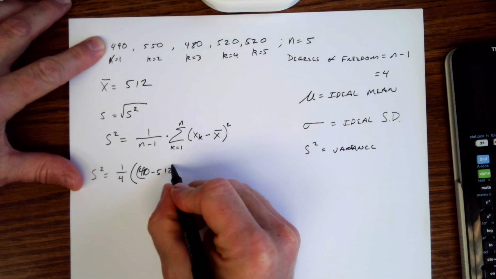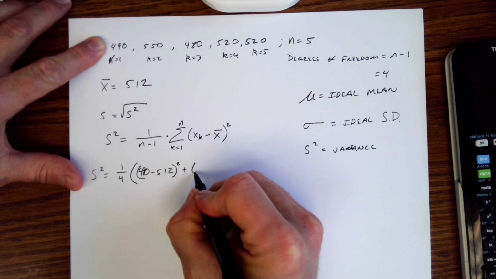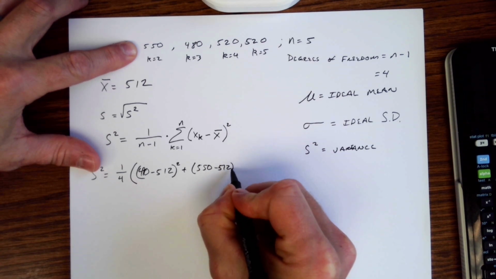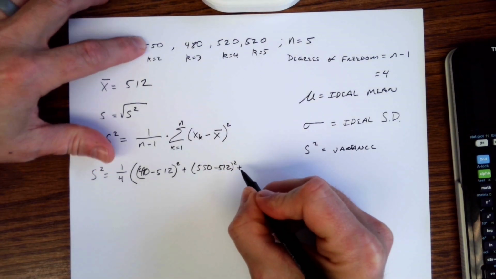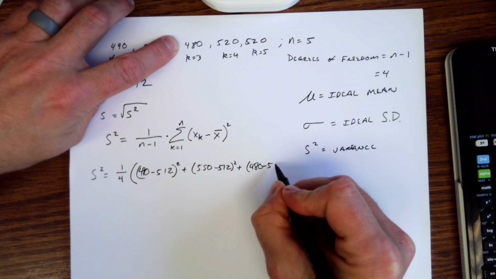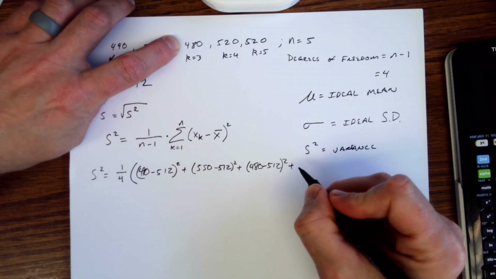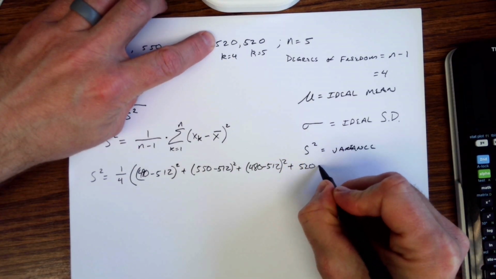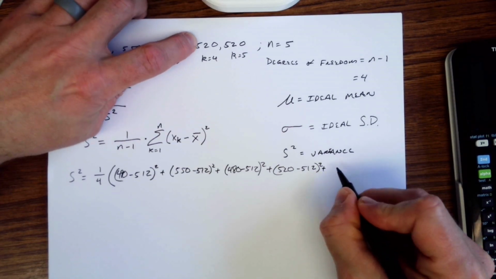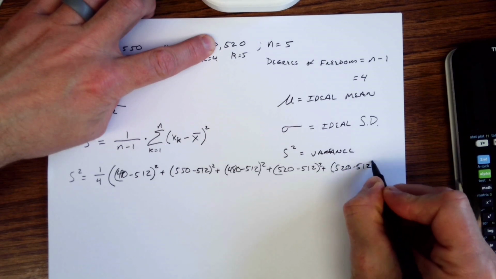And I'm going to square that, and then we're going to do plus 550 minus 512 plus 480 minus 512 plus 520 minus 512 squared plus 520 minus 512 again.